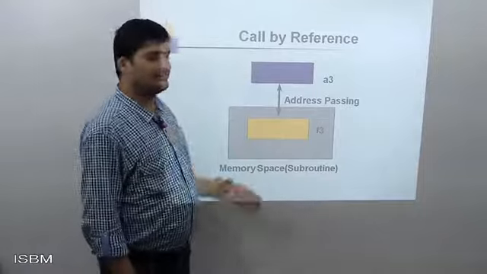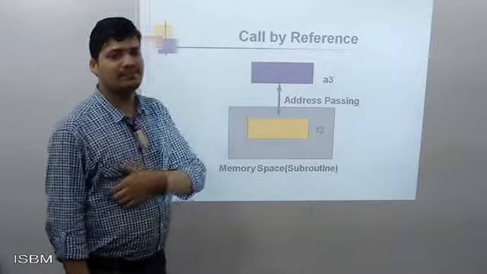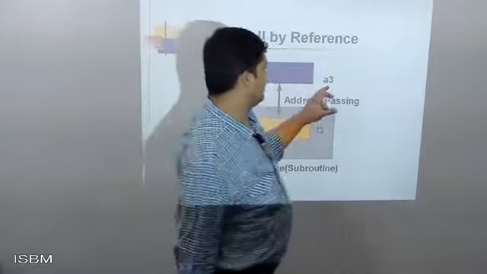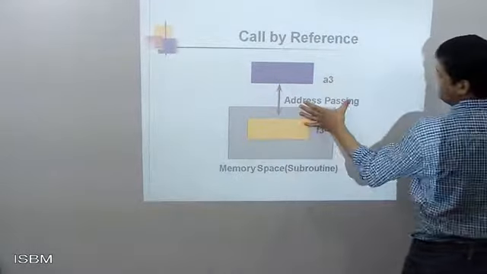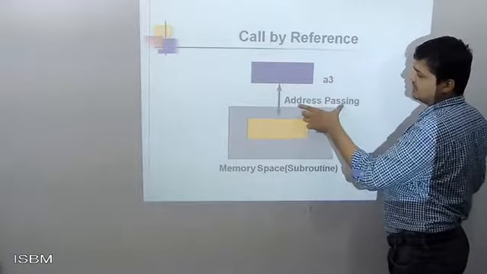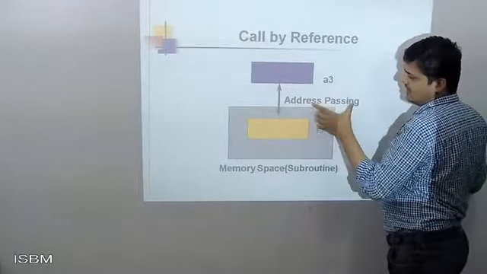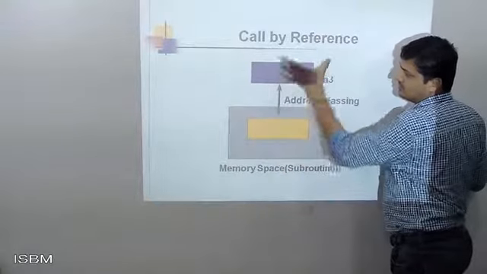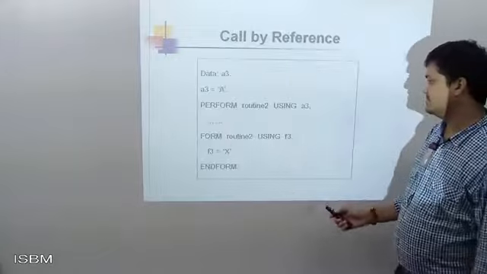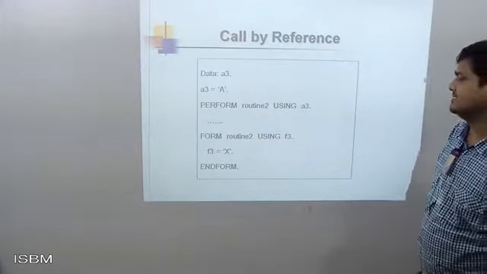But in call by reference, we are passing the address. In place of value, we are passing the address. You can see A3 is passing an address. We are passing the address of A3 directly into F3, which is in the memory space of the subroutine.